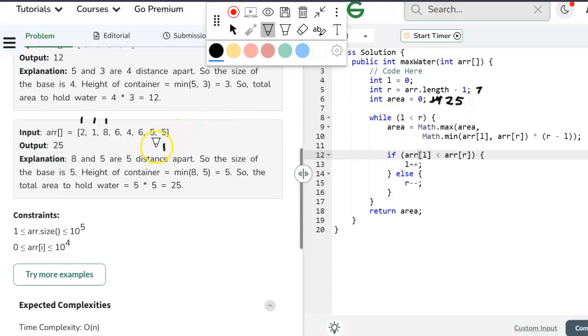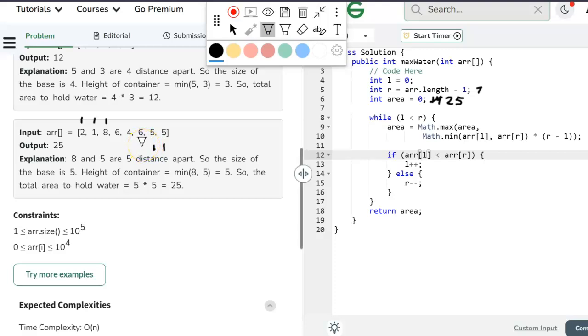Now we are limited by the 5. So we need to decrement the right pointer, which is another 5. Well, that's not going to help us because now we have a shorter width. So we're not going to be able to improve on 25 with that.